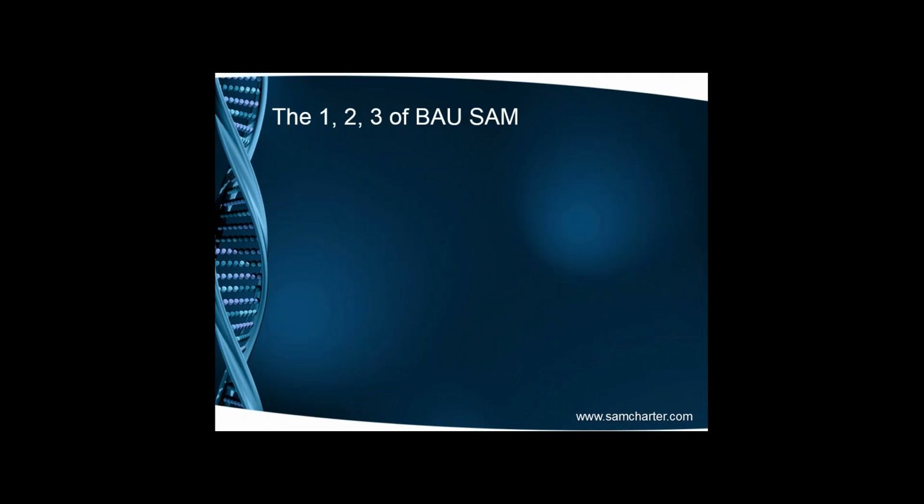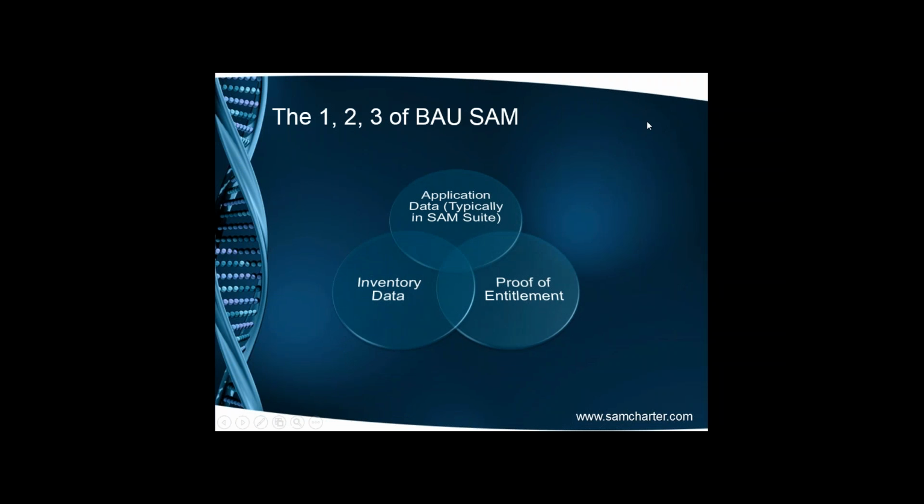So we have a concept here called the 1, 2, 3 of BAU SAM, and this is something that I want to highlight to people who think that merely by installing software asset management suites, the problem is going away. It most definitely is not. What we have here is our three-circle Venn diagram, and at the top you'll see application data, typically within the SAM suite.